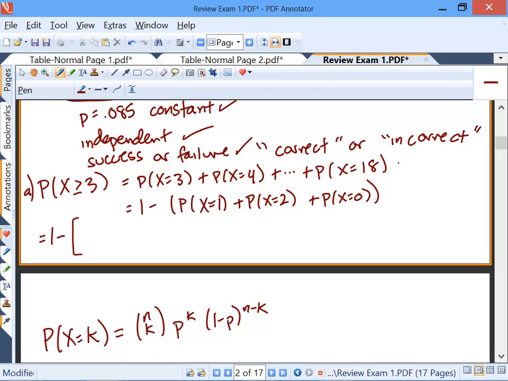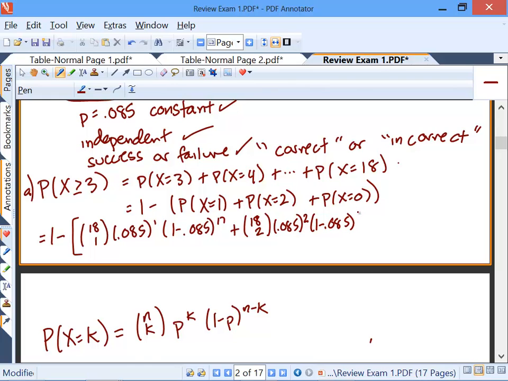So we need to do this for each one of those x values. The first one, n is 18, so we have 18 choose 1 success, times the probability of success, 0.085, and I need 1 success. Then the probability of failure is 1 minus 0.085, and if I have 1 success, I need how many failures? 17. Plus, now we do everything again for the 2. So 18 choose 2, 0.085 to the power of 2, 1 minus 0.085 to the power of 16.